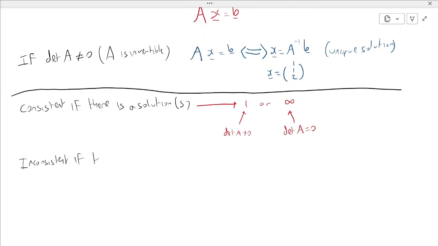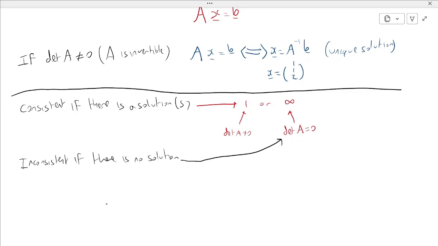The equations are inconsistent if there are no values of x, y, z that make the three equations work. So again, if you think about it, this cannot be the case where the matrix is invertible, because invertible means there's one solution. This must also fall under the case that the determinant of A equals 0.